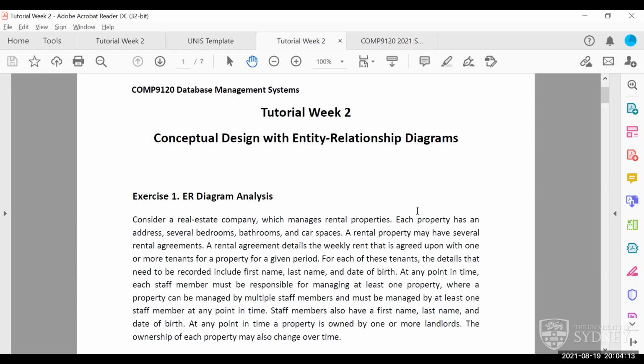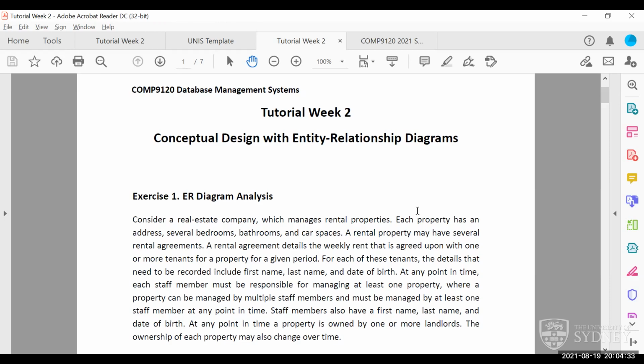There are a couple of exercises that we will do today. The first one is to analyze an ER diagram that is given to us, and the ER diagram is a use case about a real estate company.